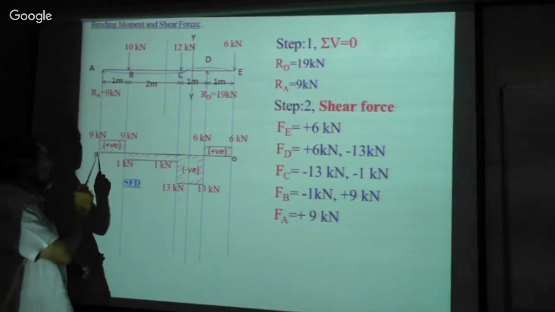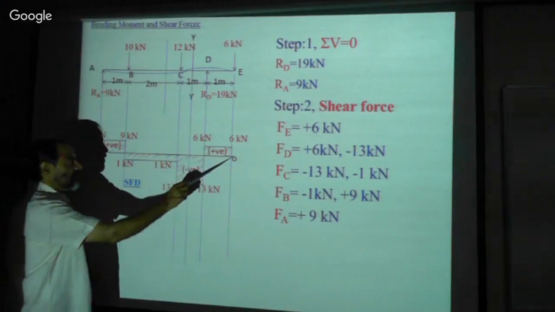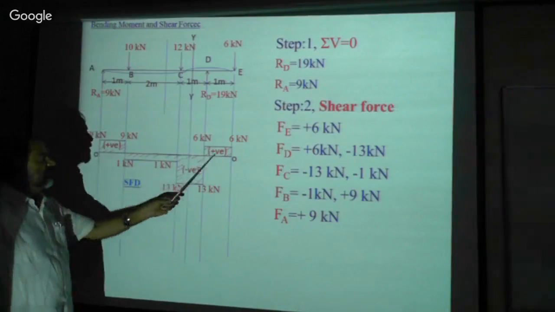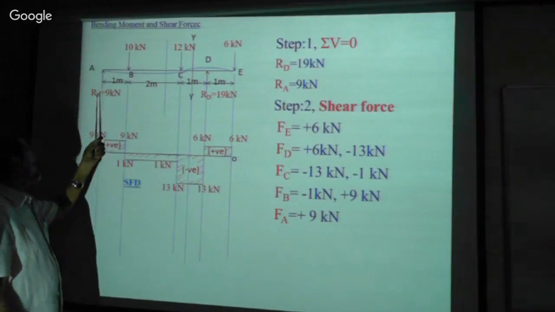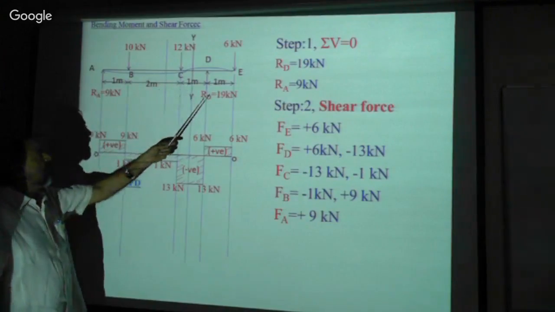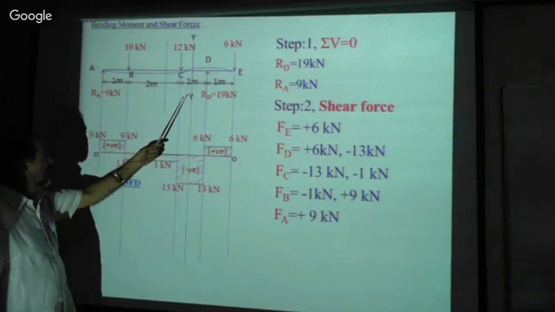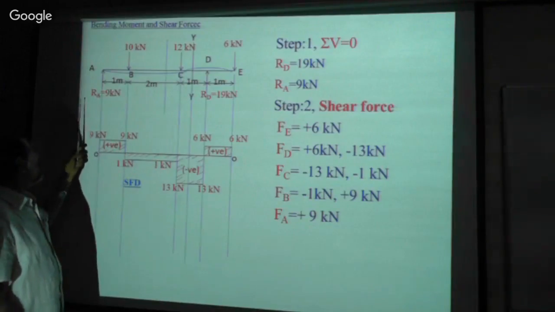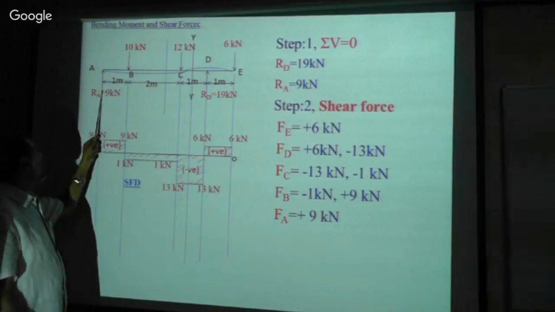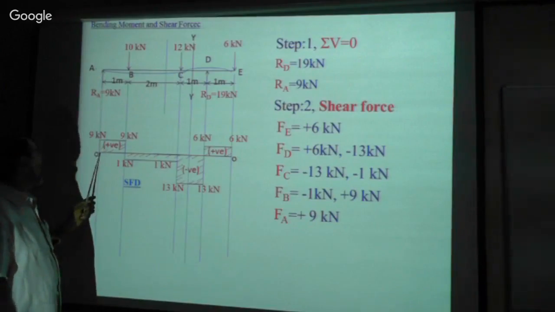We take one reference, the zero reference. Now, with respect to the zero reference, we go according to how the loads and the reactions are acting. Ra is acting upward, so we go upward.